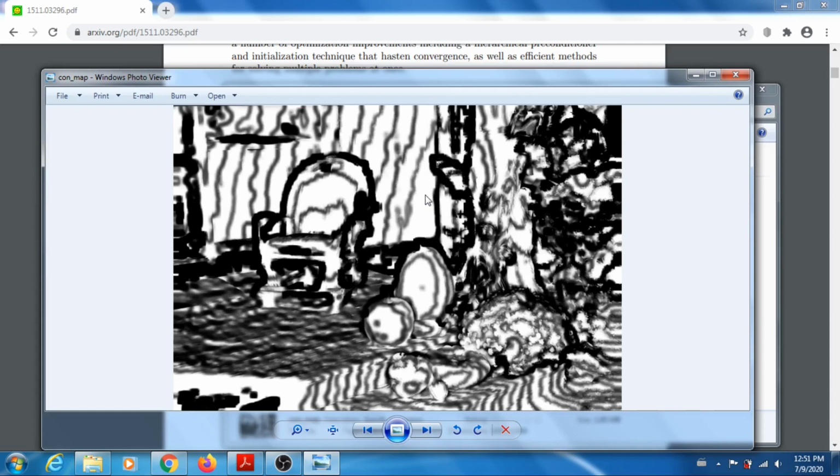So basically the confidence map is going to be white wherever there is no change in depth, and as soon as you have a change in depth, it's going to paint the pixel in some kind of grayscale value depending on the jump. So that's why you've got all those black lines here.